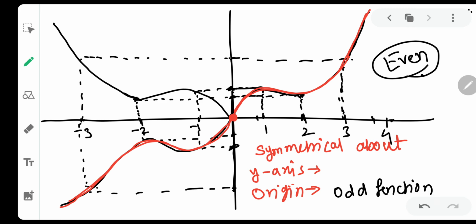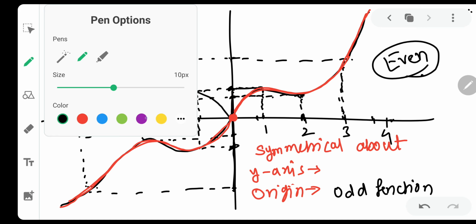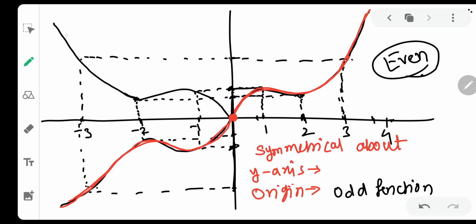Okay, and if it is this graph, now I will show you with a purple one. Suppose the function has this graph, then it is symmetrical about y-axis, and I have told you if the graph is symmetrical about y-axis, then it is an even function.